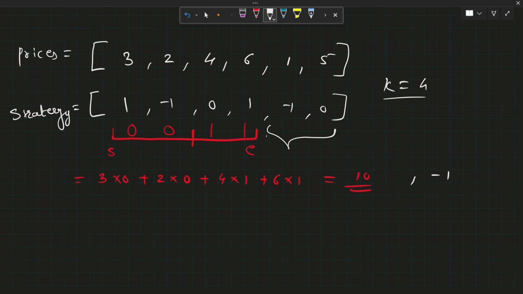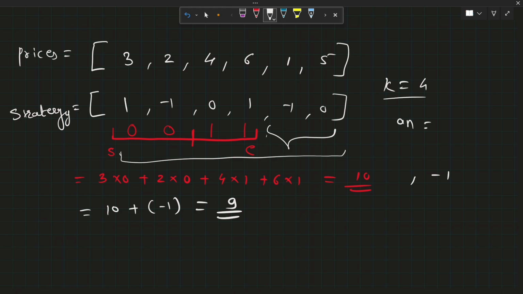Okay, so now for the complete array we have the profit or loss, which is equal to 10 plus minus 1, which is equal to 9. Great. So this is the profit of the array if we consider this subarray starting from S and ending at E. Okay, so let's try to write this answer first. Here our answer is 9.